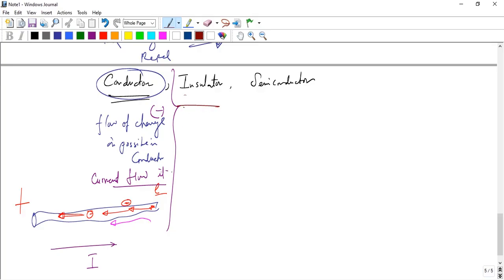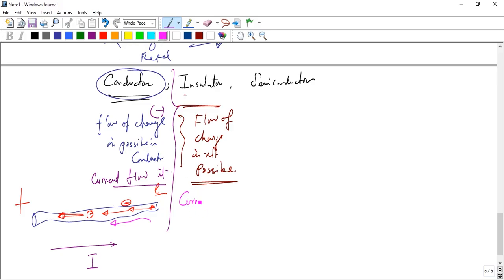Now the insulator is another important thing. In an insulator, flow of charge is not possible. If charge does not flow, then current does not flow through it.